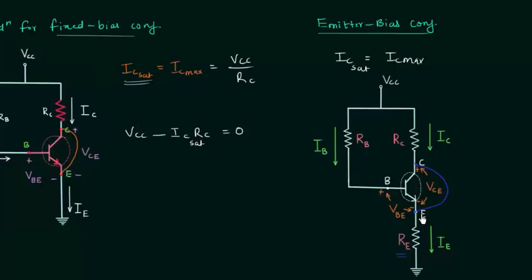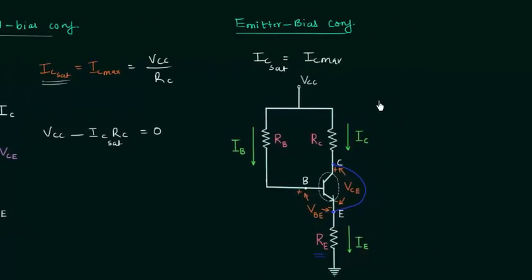So the collector emitter terminals are short circuited, and when we apply KVL in the output loop, we have the equation VCC minus IC sat RC minus IE RE equal to 0, and we know IE is nearly equal to IC, or we can say IE is nearly equal to IC sat.